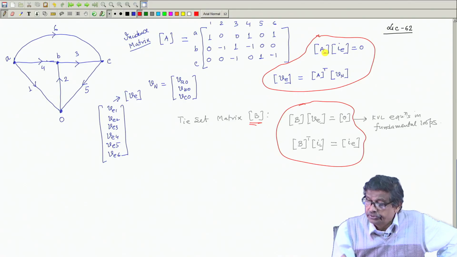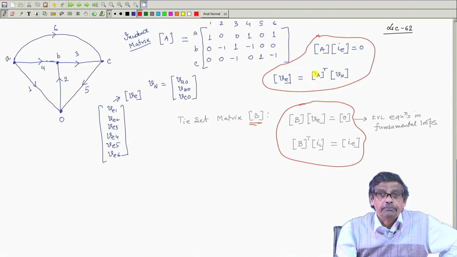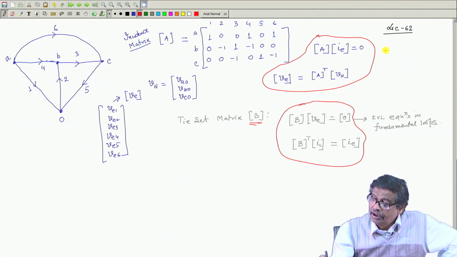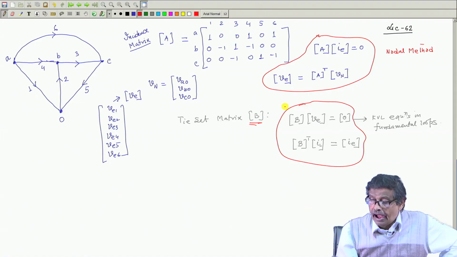Generally, we will show you that this particular A matrix will be utilized, these two equations, while solving circuits by the nodal method. Why? Because in node methods, we write down the KCL at different nodes, that is this one, and then we try to find out the node voltages, which is V n, this vector.